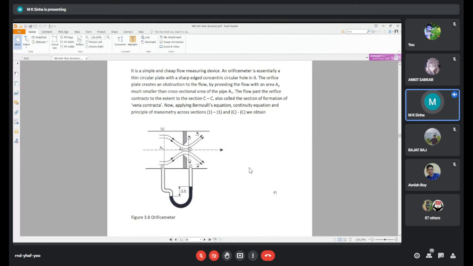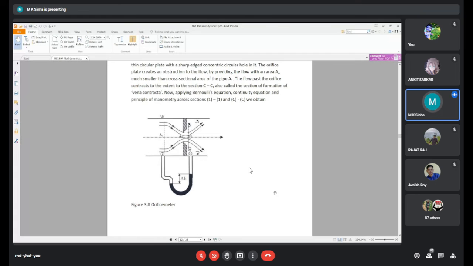Then applying the Bernoulli equation at section 1, where the area is the pipe, which we have connected to the reservoir, maybe the tank, maybe the pipe, and at the vena contracta area, line CC.